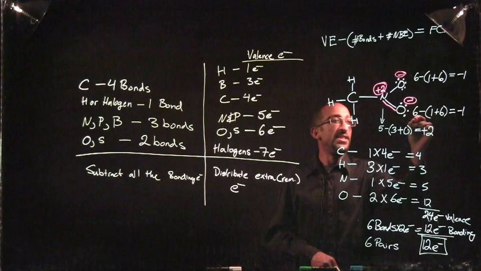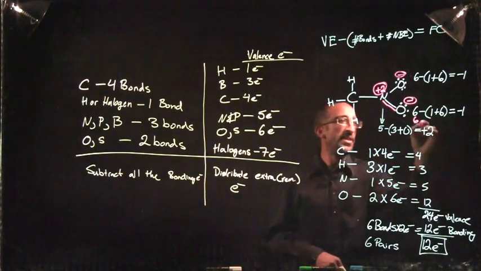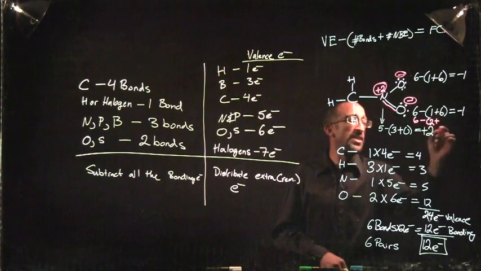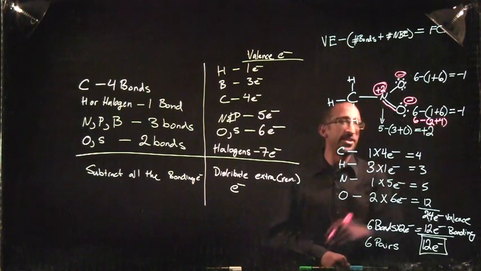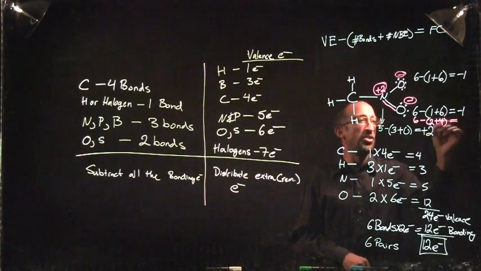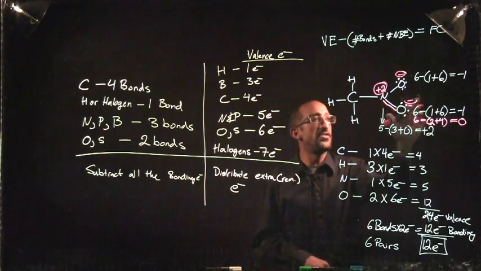Now we have 6 valence electrons minus 2 bonds plus 4 non-bonding electrons. That now gives us a formal charge of 0, and so we can erase this negative charge now.